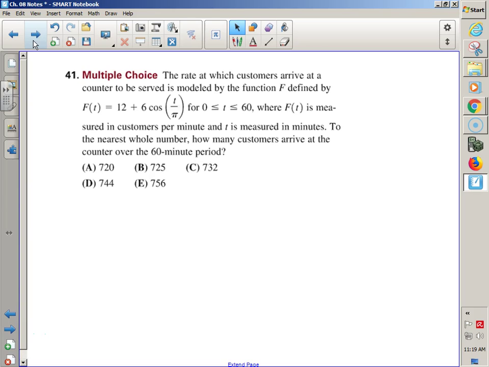One of your answers. Is it asking how many customers are in the store, or just how many have come during the time? Over. It has the word over. It's the word over.